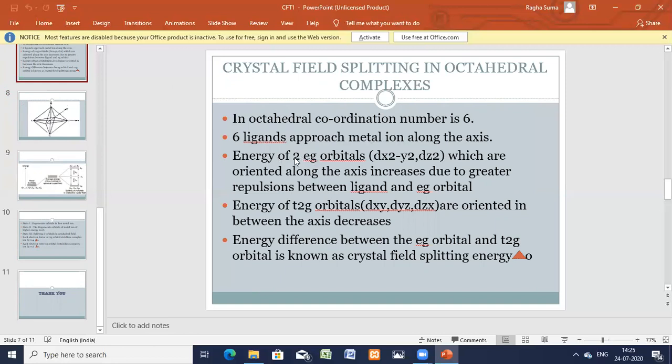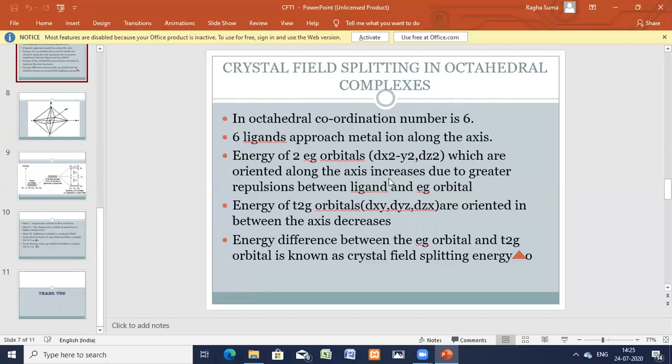The energy of the two EG orbitals, that is dx square minus y square and dz square, which are oriented along the axis, increases because in their direction the ligand is coming. You are having five orbitals and the EG orbitals are along the axis. Now ligands are also coming along the axis. So these will experience greater repulsions with the ligands.